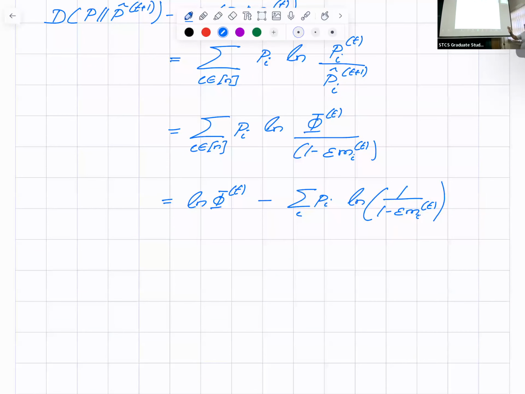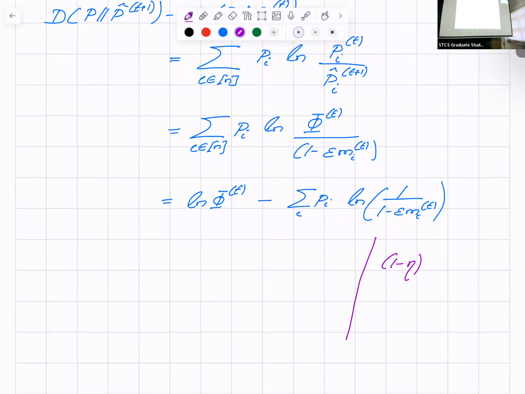And all the inequalities we're going to use are all the same inequalities we used previously. To recall, what was the inequality we used? There was a place in the proof where we had to bound 1 minus eta.